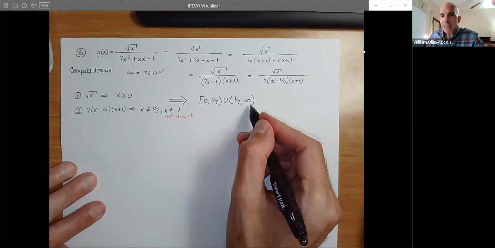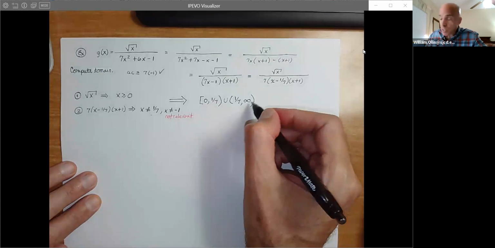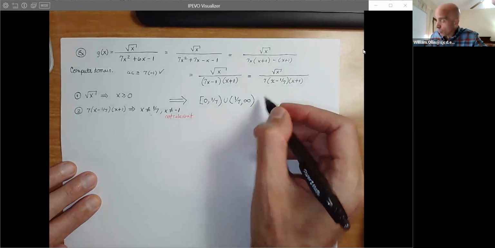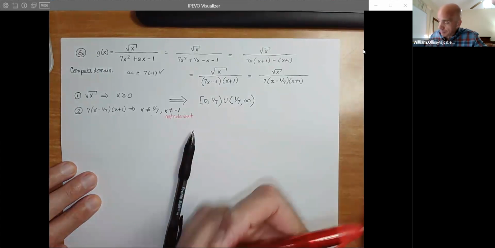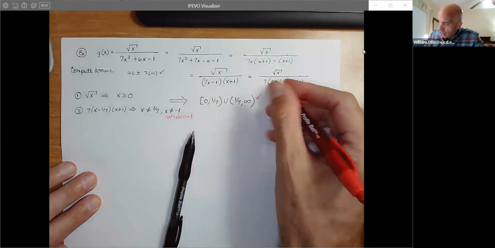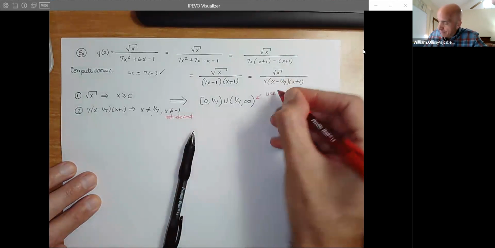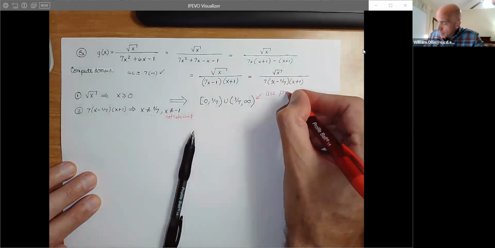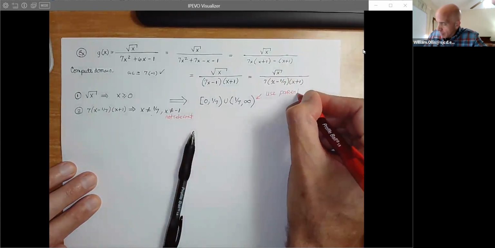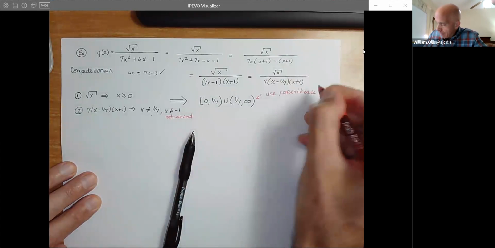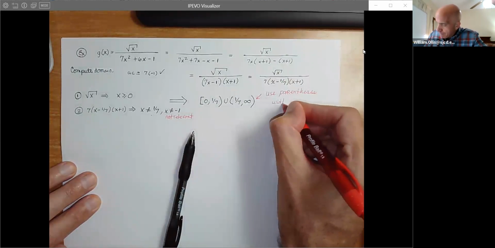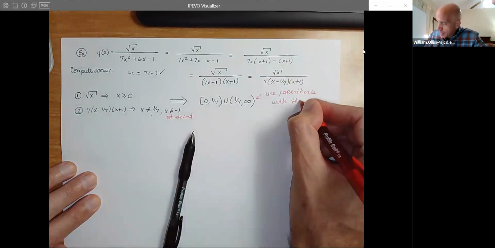Remember, infinity is not a number. Infinity is just a behavior. So in this case, use parentheses with the infinity symbol.